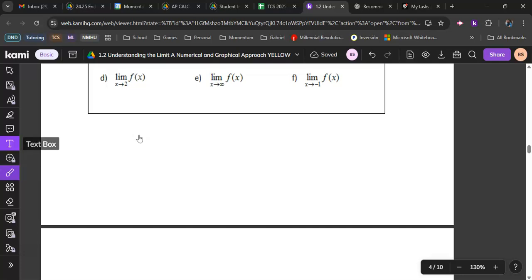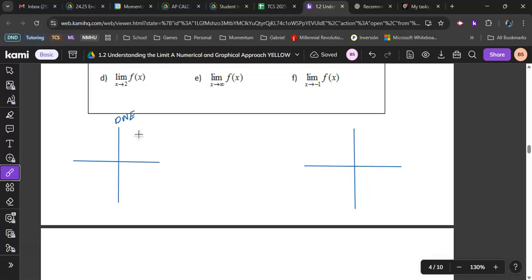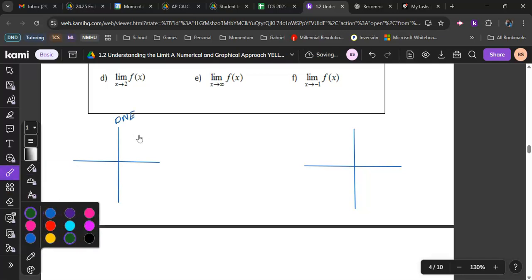All right. So let's draw a couple of graphs here. We were supposed to do one where they both had to be undefined. In one of them the limit existed, in one of them it didn't. So let's do does not exist first. We're going to make a limit that doesn't exist. Do it in another color so it makes it easy for you.